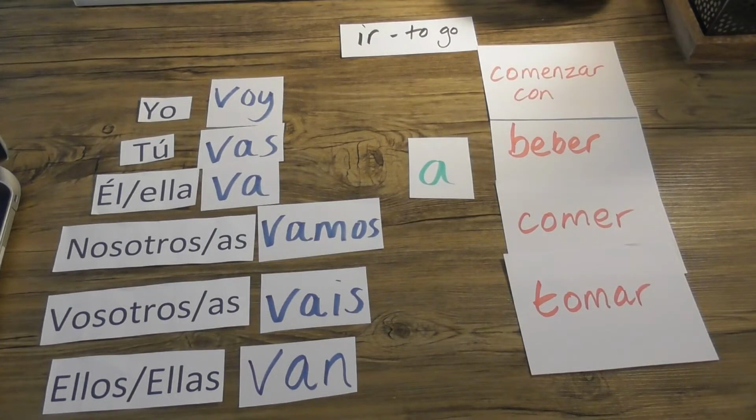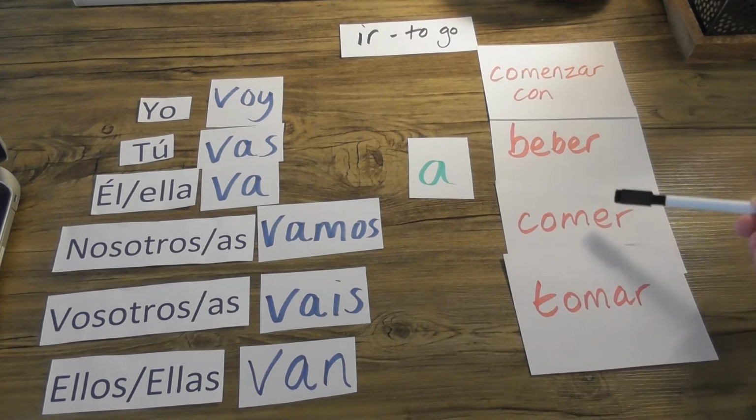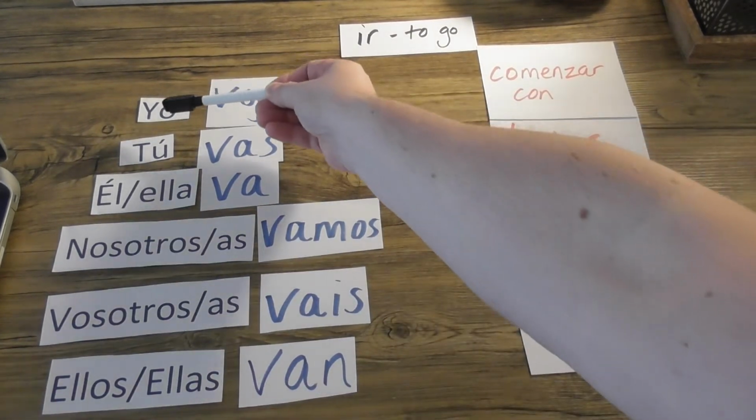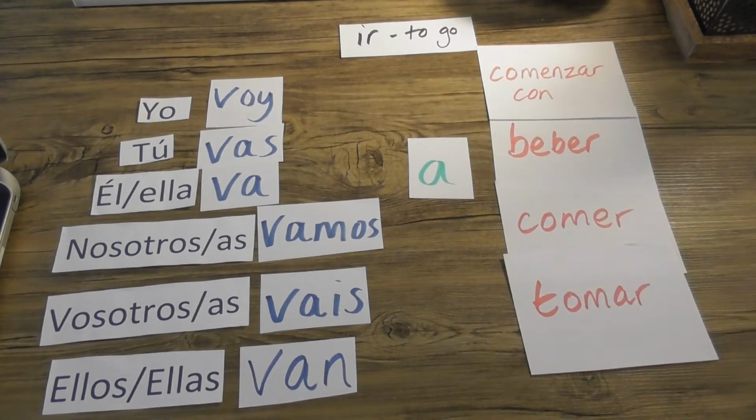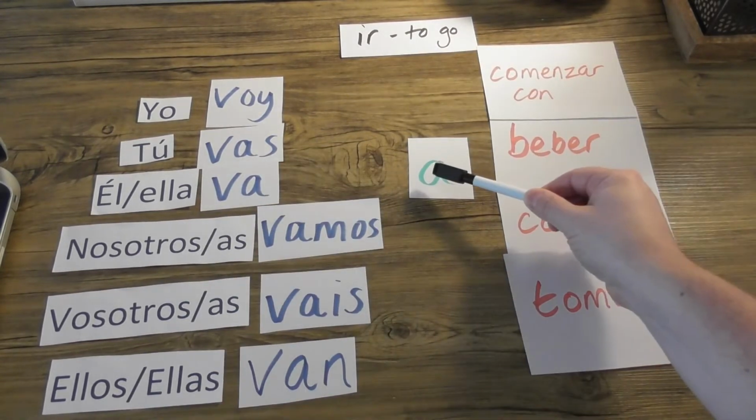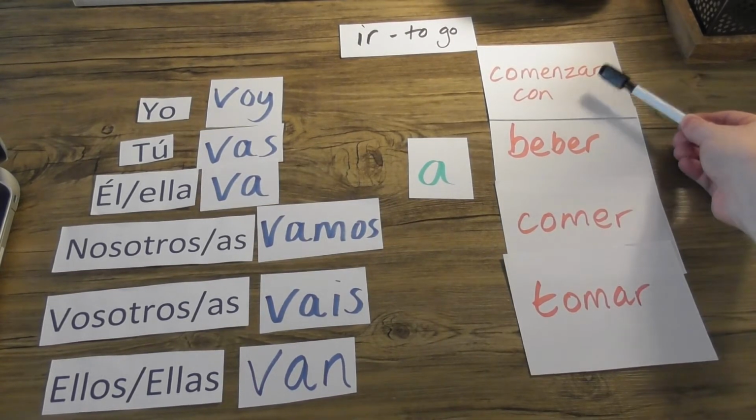¿Y cómo se dice en español? ¿Cómo se dice en español? I am going to eat. Voy a comer. Don't forget, you don't need to use pronouns in Spanish most of the time. I am going to start with. Voy a comenzar con.